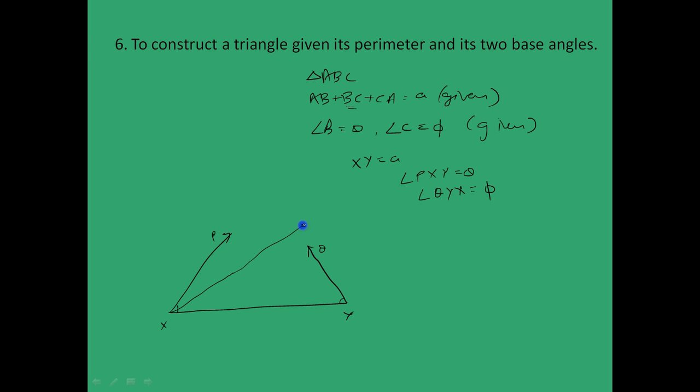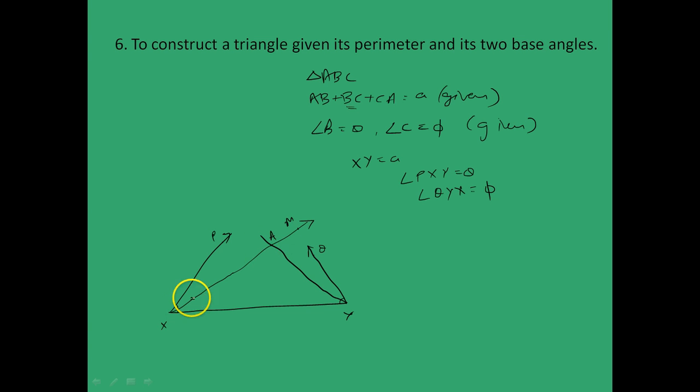Extend it as much as you want, and also bisect angle QYX. We'll call the point of intersection A, and we'll justify this later on.